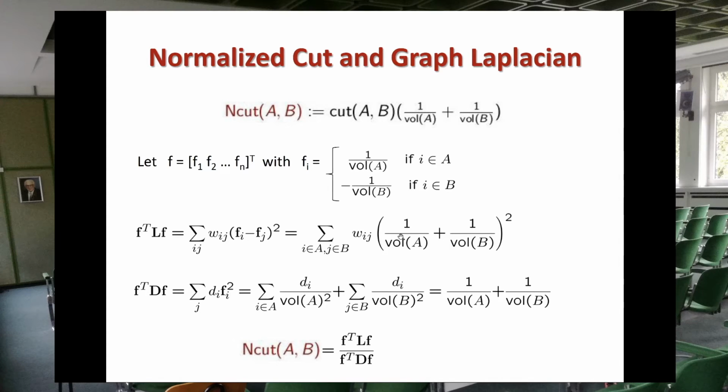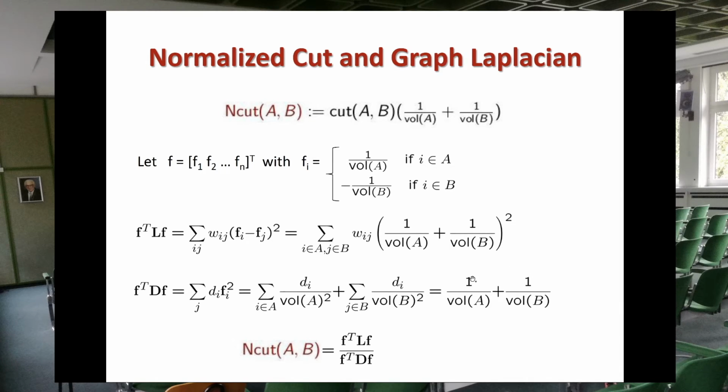So basically this product is almost the same as this. The only difference is that we have a square here. But if we compute the product of this vector f times the degree matrix times f, we get that this product equals this expression here.